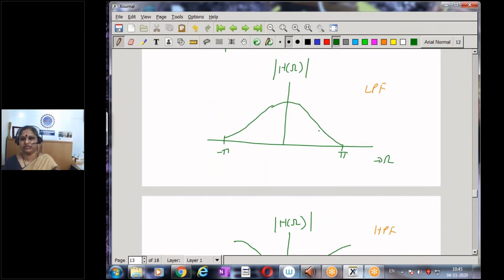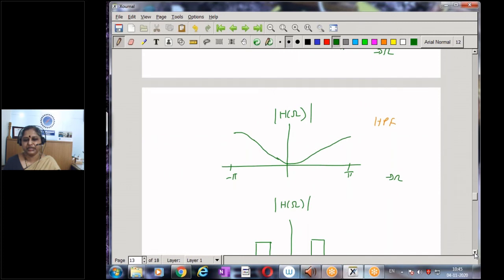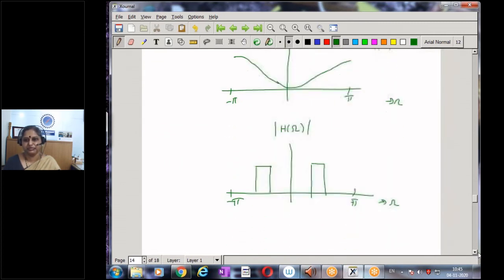If I plot the frequency response of any given system, it could be of any order, I am going to get a response, and by looking at the magnitude plot of the frequency response, mod of H of omega of the filter, we can classify the system as low pass, high pass, or band pass.